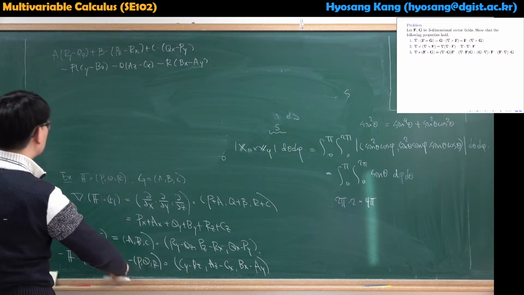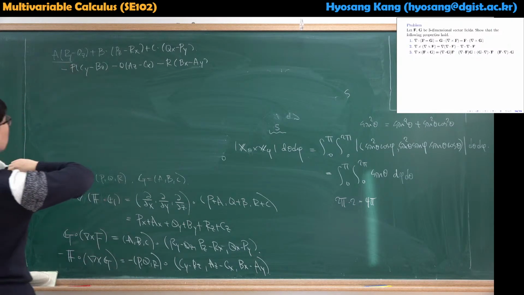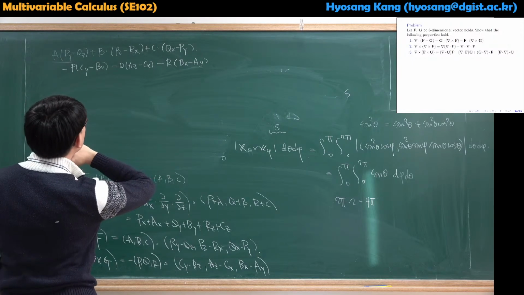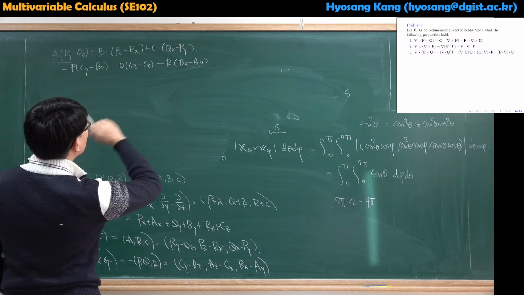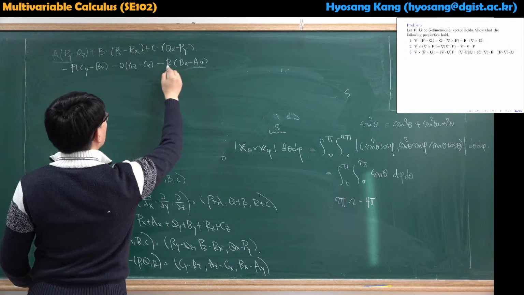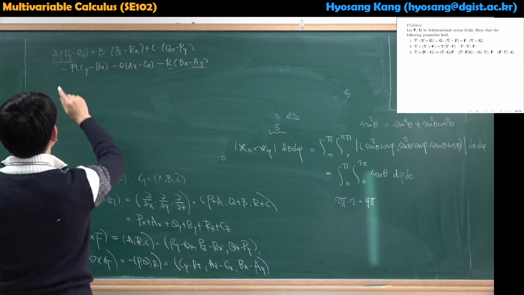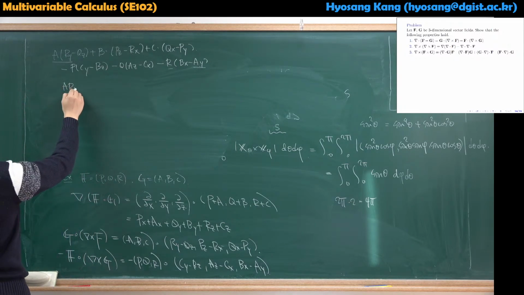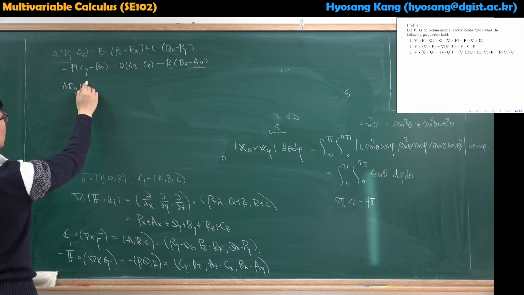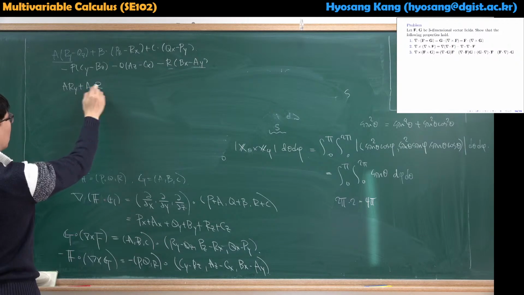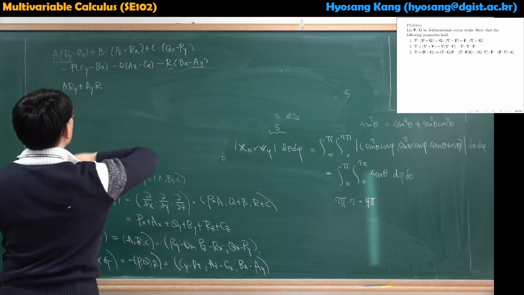So let's combine this. So we have AR and we have AR, okay. So we have ARY plus AYR, right? So here and here.